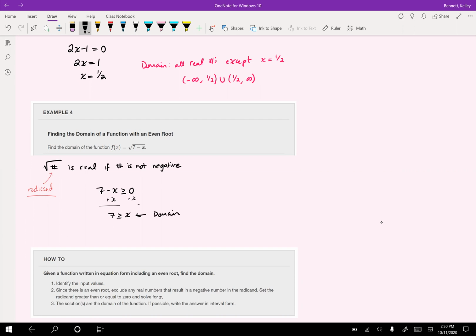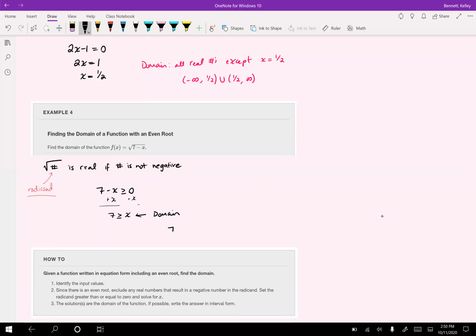If I wanted to write this as an interval, 7 is the largest possible value, and I can be 7, because if x is 7, then I'm having the square root of 0. The square root of 0 is 0. 0 is real. This is fine. And I can be as far negative as I want to be, right? So this is the domain.